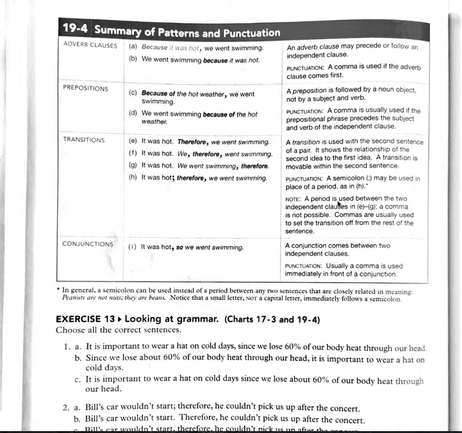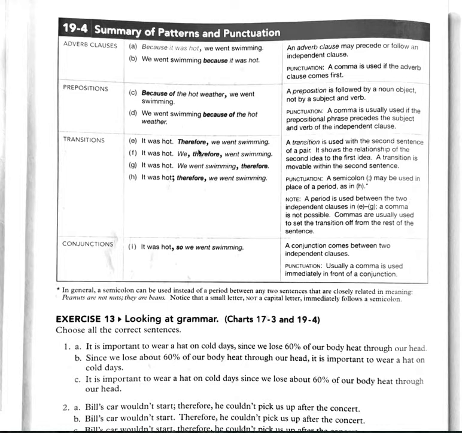But note, a period is used between the two independent clauses, examples E through G. A comma is not possible. Commas are usually used to set the transition off from the rest of the sentence. So what they're saying is that you do not use a comma here after the main clause. Okay? But you may use a comma after the transition to separate it from the rest of the sentence.